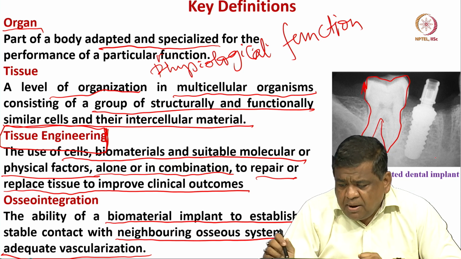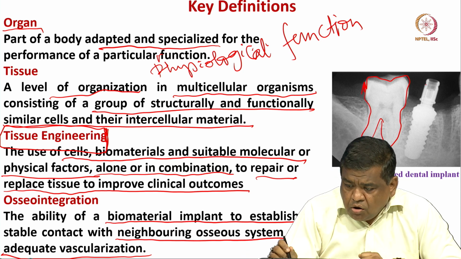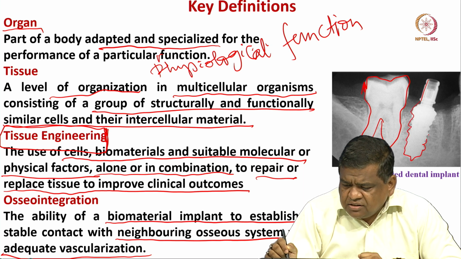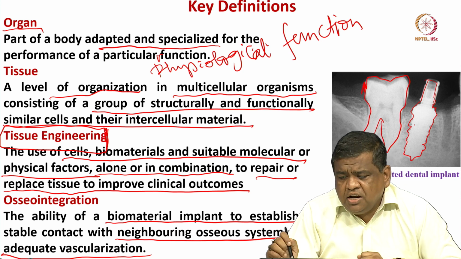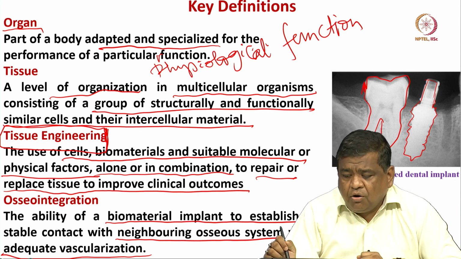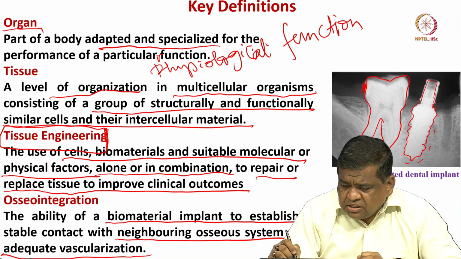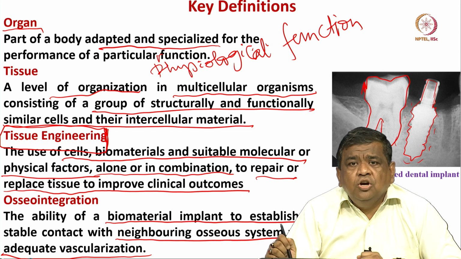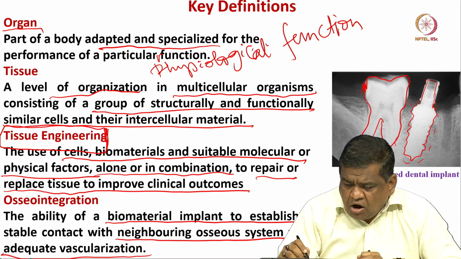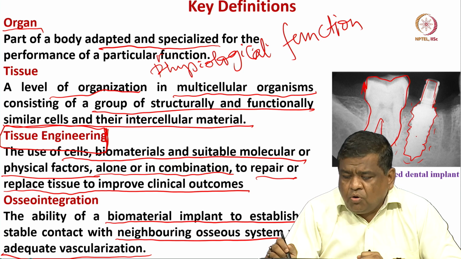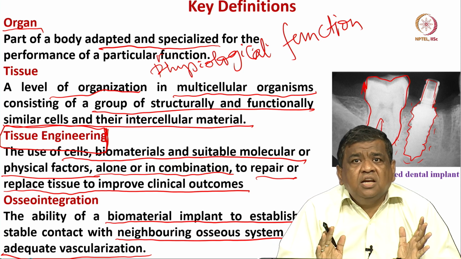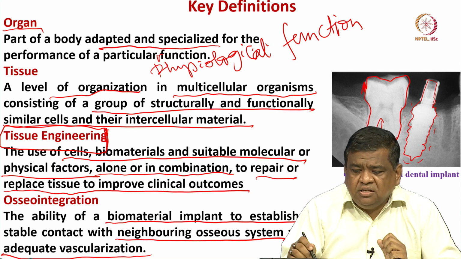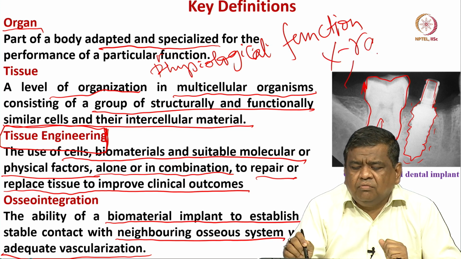Now, if in the neighboring place the tooth is replaced, when you put these dental implants, you see that it has threads, and you can see the dental implant without the prosthetic crown, and if there is osseointegration there is a very nice contact. So, you can see that the contact of the natural tooth with the jawbone and the contact of the dental implant with the jawbone is almost qualitatively similar, as you can see in the X-ray radiograph.